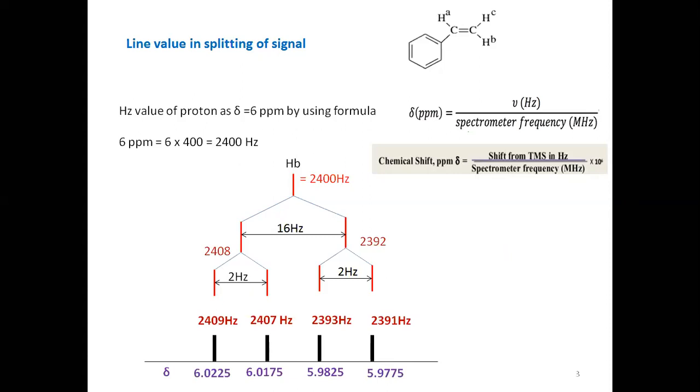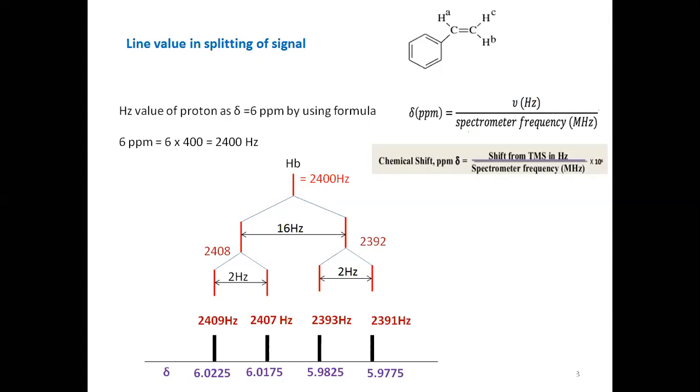Yes, it is 6, your starting 2400 hertz. So your peak is at 6 ppm, but you are getting 4 lines. These 4 lines you are getting at 5.9975, 5.9825, 6.0175, and 6.0225. That is your signal lines. So are you getting this? Yes, sir.